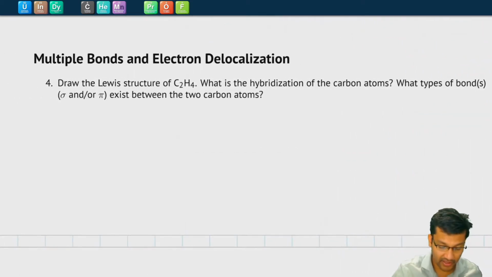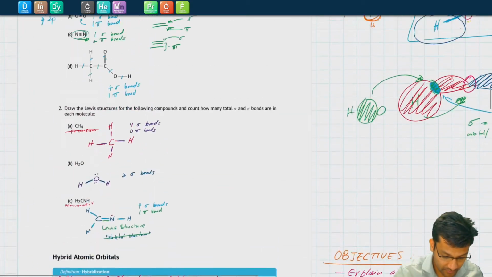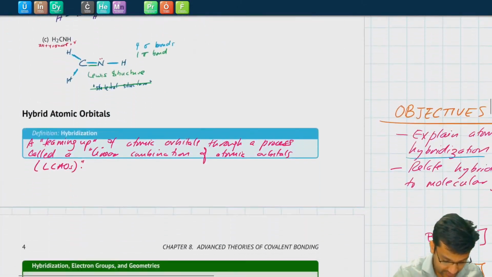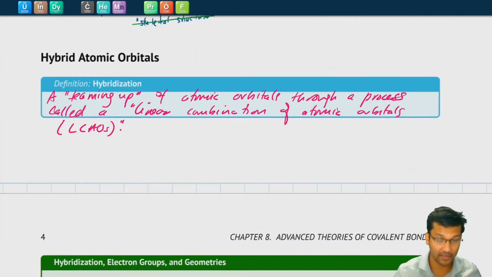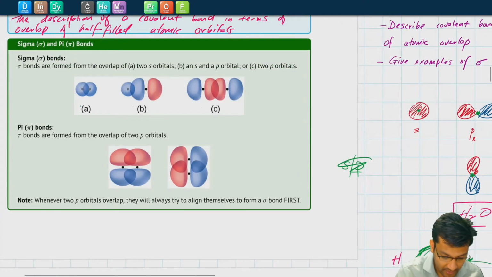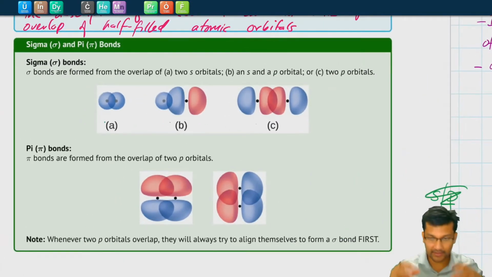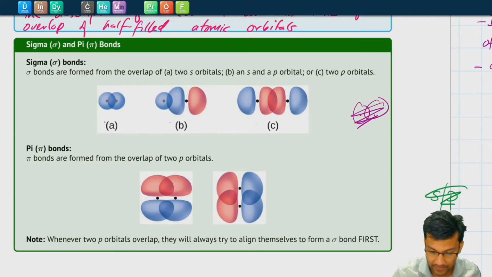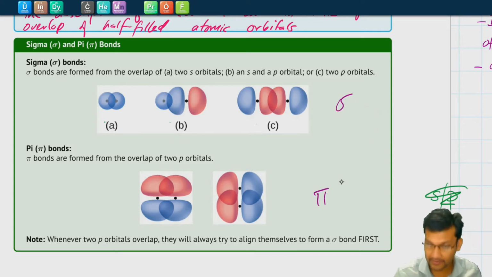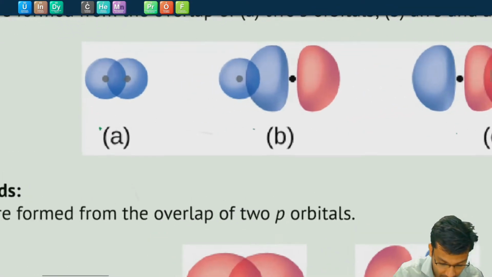In this section, we're going to combine things that we learned a couple videos ago when we talked about valence bond theory, and also what we learned in our very last video when we talked about hybrid atomic orbitals. In valence bond theory, bonds are formed when atomic orbitals overlap. You have two atoms right next to each other, their orbitals overlap, and whether the bond is sigma or pi depends on the type of overlap.